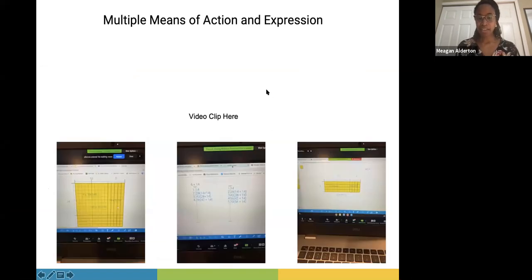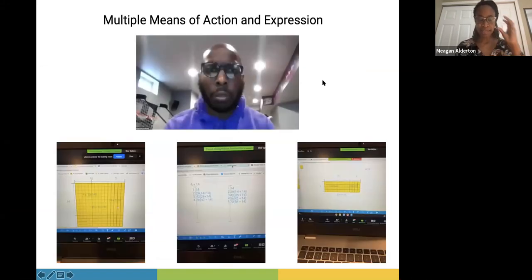All right. So this will be the last video clip. At the bottom here, you can see the different products that the kids came up with. And there will be one in the video that you can't see because there was a student who did some work on paper. But this is really going to take a look at how we can provide multiple means of action and expression. I think this was difficult in the virtual learning environment, obviously, because a lot of teachers felt like their options were limited in figuring out how to do this.